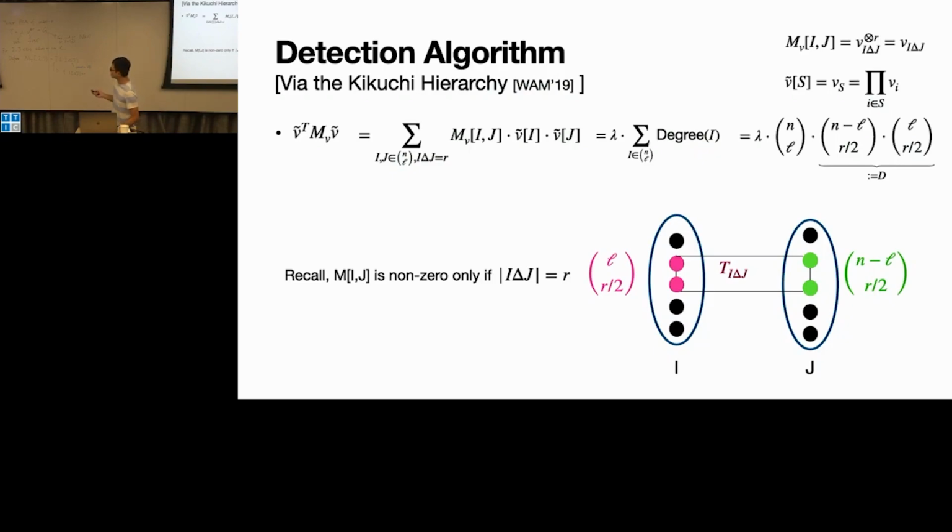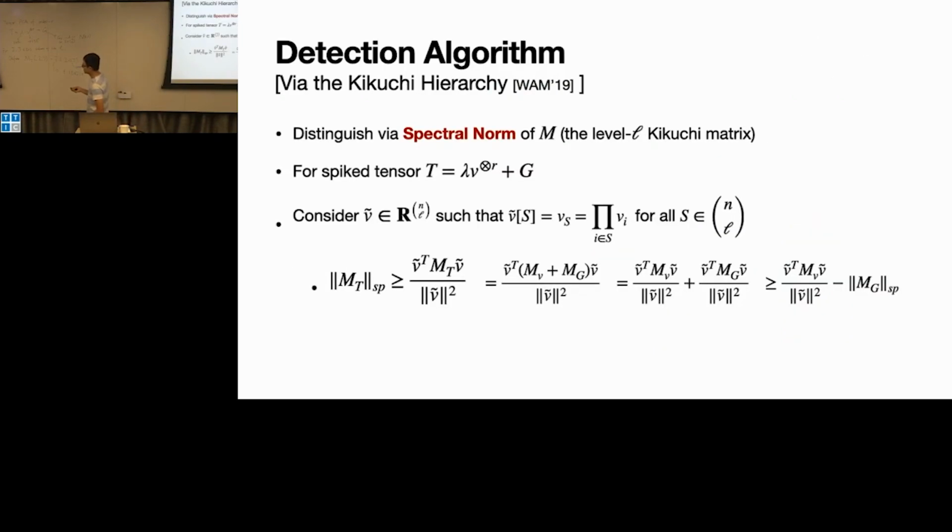Now, let's proceed. Why were we lower bounding this? We are trying to say if you have a rank 1 component, the spectral norm is large. Let's complete this calculation. The numerator is going to be lambda times n choose L times D, and then the L2 norm of the test vector has plus minus 1 entry at each non-zero entry, indexed by a subset of size L, so the n choose L factors cancel out nicely.